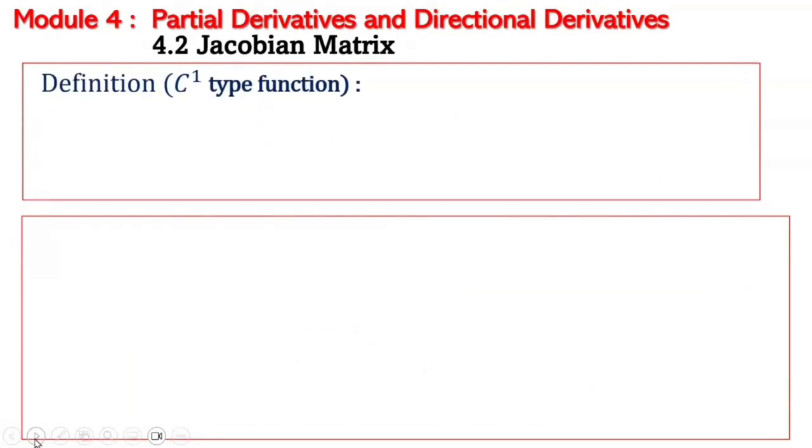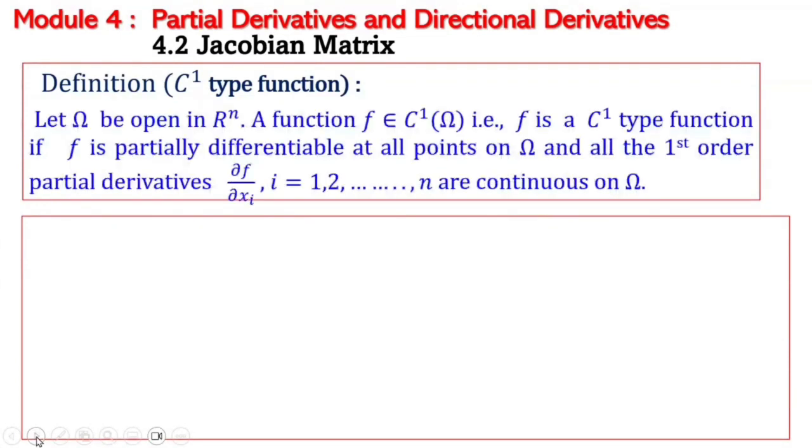Okay, now we have a definition here. It is a function of type C1. In this definition, let omega be open in Rn, and we have a function f, we denote it as C1(omega), which means that f is a C1 type function if f is partially differentiable at all points on omega.